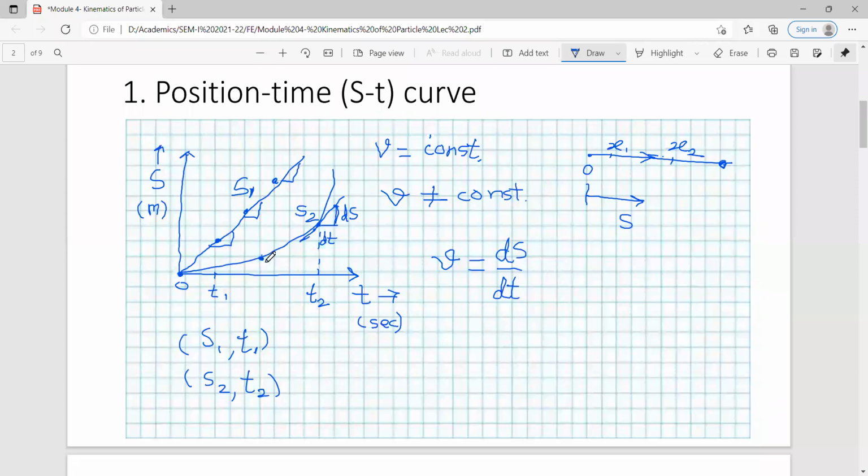What I will do, I will draw a tangent. This tangent should be a straight line. Say here, if I draw a tangent like this, and I take the change in height corresponding to the change in length.